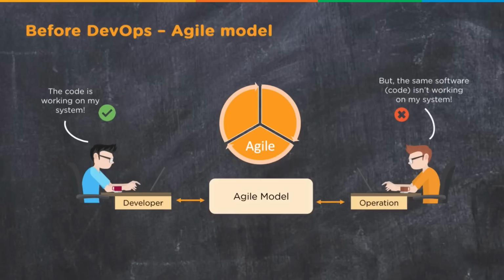The problem that we still ran into with Agile is fundamentally similar to what we were having with waterfall. You have your developer working on code on their system, and it'd be working great on their computer, and then you have the operations person who's migrating the code from the developer's environment, the test environment, to the production environment, and you would run into issues where the code simply wasn't working. There are a lot of reasons why that would happen.